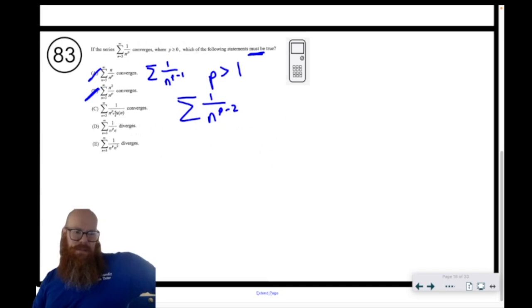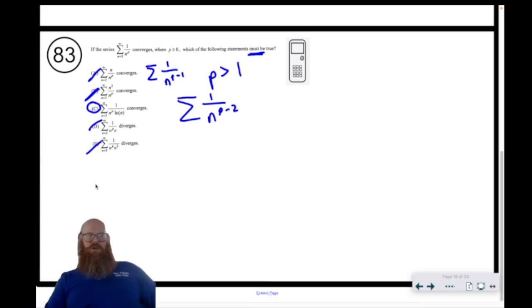So this is the direct comparison test. If I know that 1 over n to the p converges, then something that's smaller than it has to also converge. Both D and E make a smaller fraction, which also should converge, but they say diverge. So that's why they are incorrect.